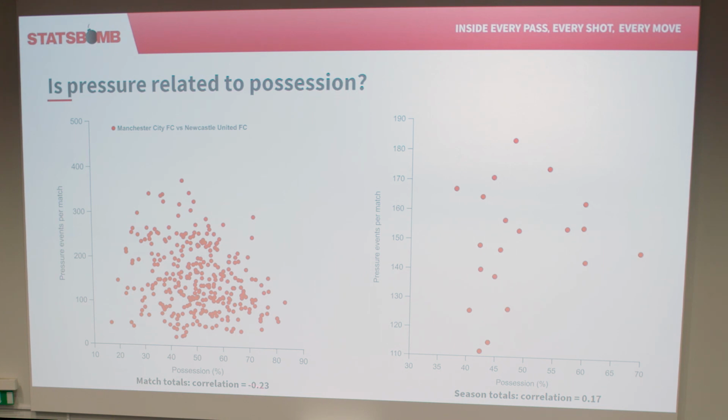There's basically very little correlation between the two. It's slightly negative, but it's basically just a big blob of points. At a season level, it doesn't really show anything different. Again, very little correlation. So pressure on its own doesn't seem to be massively related to possession.